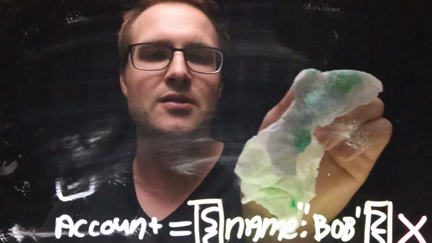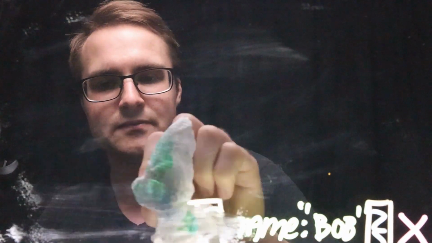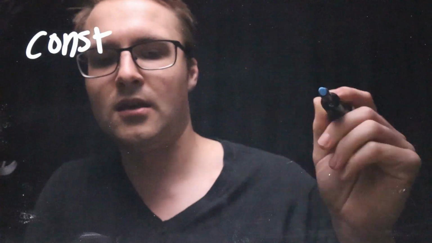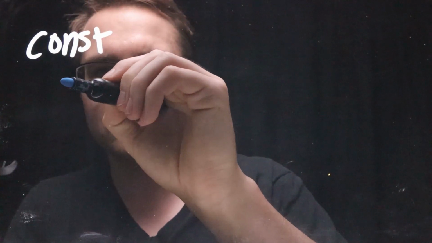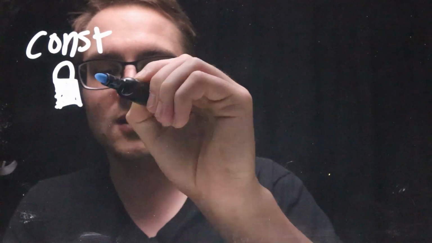So let me see if I can draw this out in a different way to see if that makes sense. Let's stick with the same color. Const, when you're dealing with a primitive, it only locks the first level, right? And a primitive only has one level.